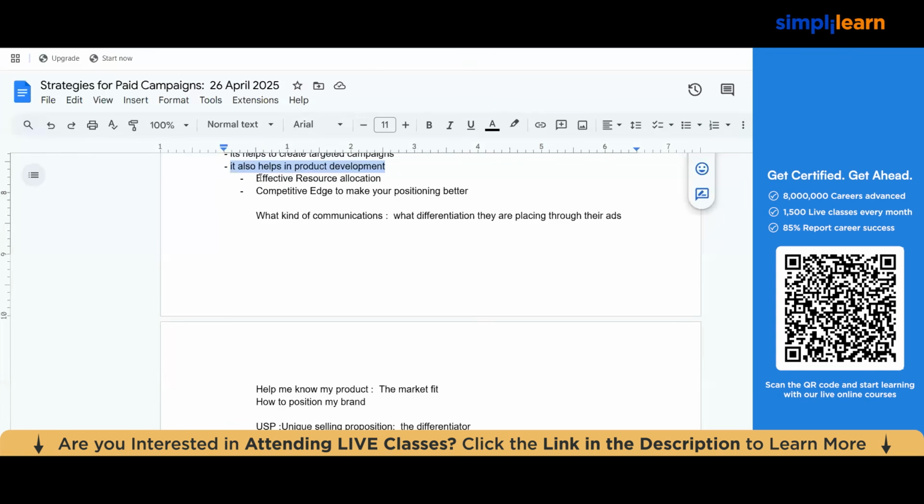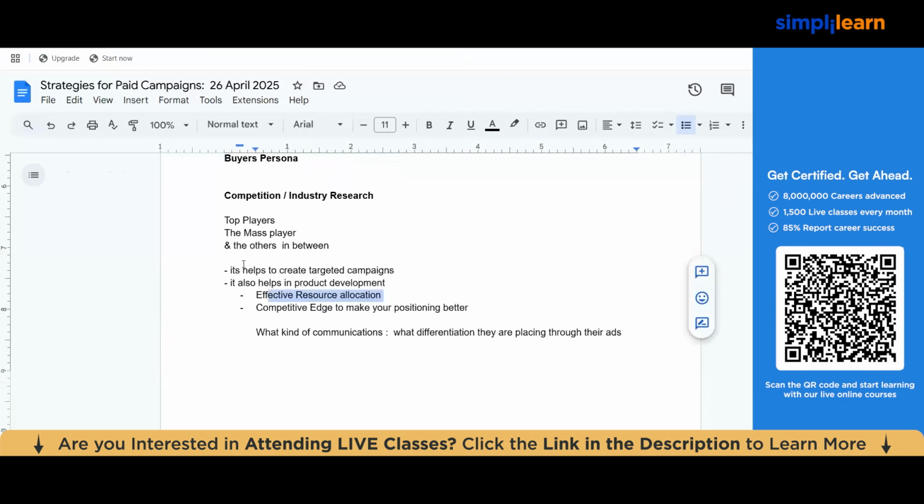And then it also helps effective resource allocation, knowing, if we have three or four products, which product, which platform, which kind of budget will work where, how, and for which audience. We'll be able to allocate our money, our resources, our labor accordingly, so that we get the maximum output.